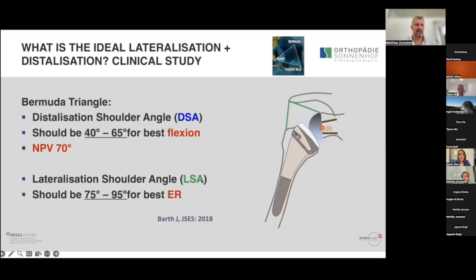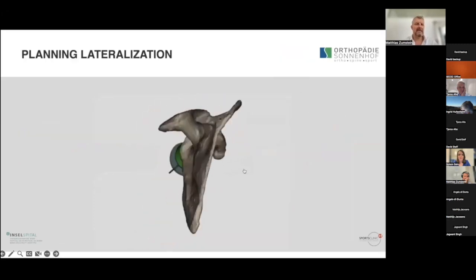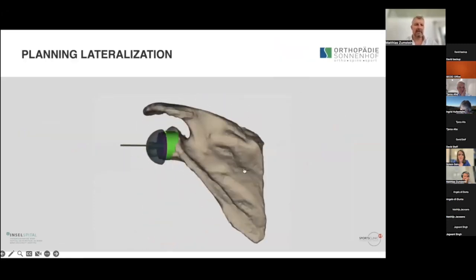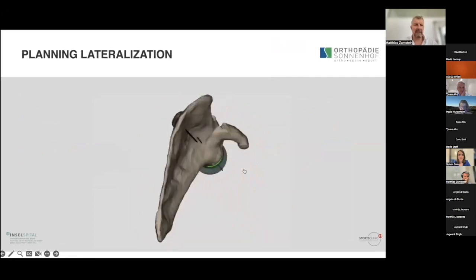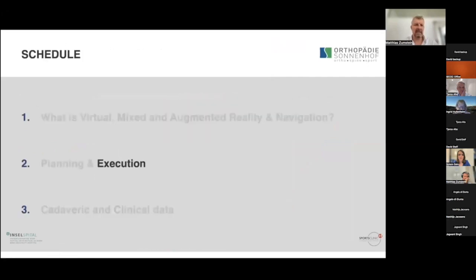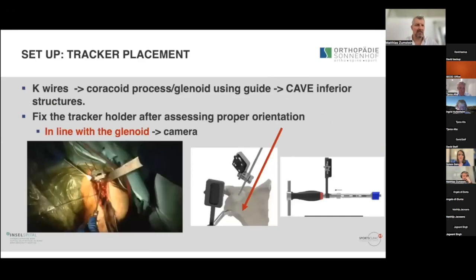And if you lateralize too much, you may have some problems refixing the subscap. So this is my completely finalized three-dimensional planning, with this bone graft to be anatomic in the medial lateral extension. And then what is the execution with augmented reality and navigation?